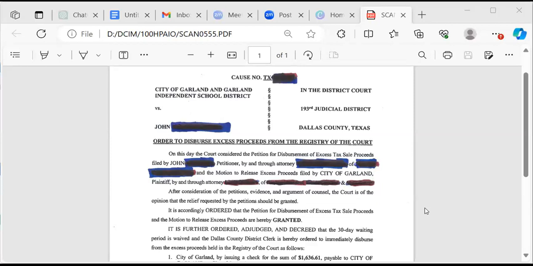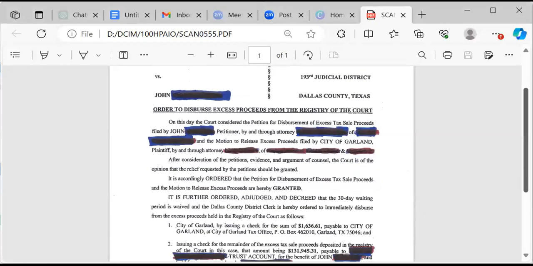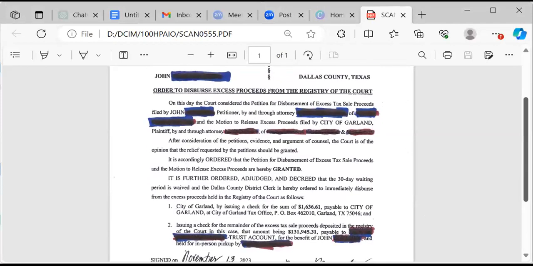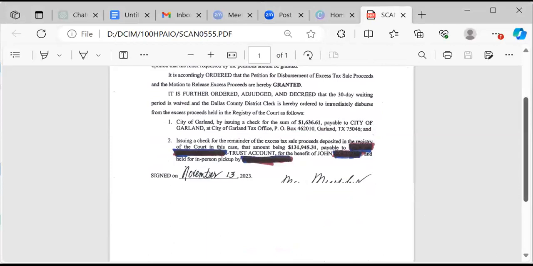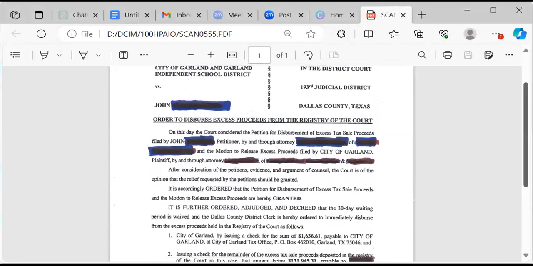This is pretty much all in a nutshell, basically explaining that the order was granted. And I'm going to go down here to the very important parts. So basically right here where it says the motion to release excess funds filed by the city of Garland.